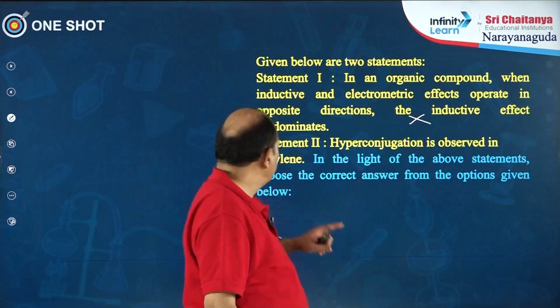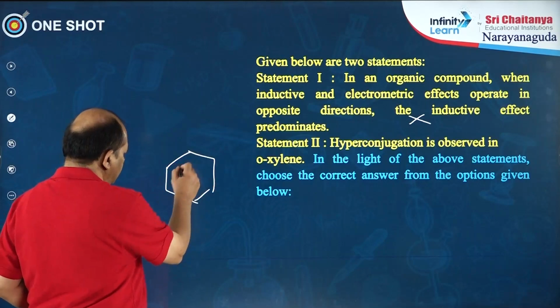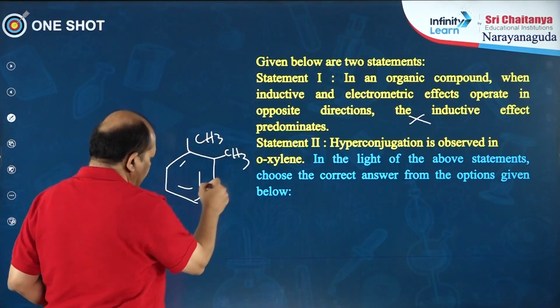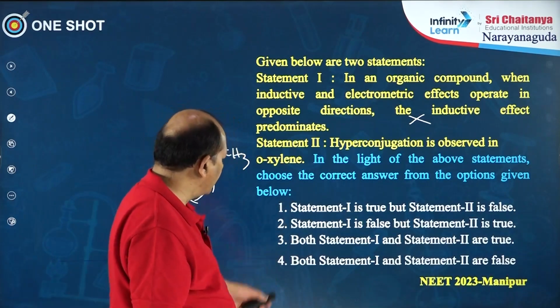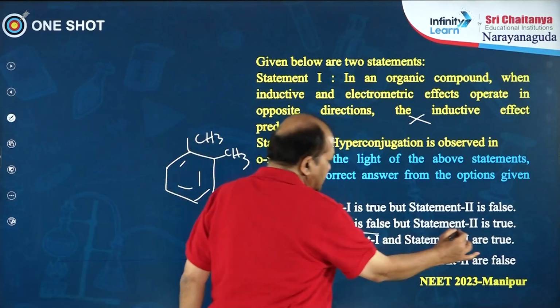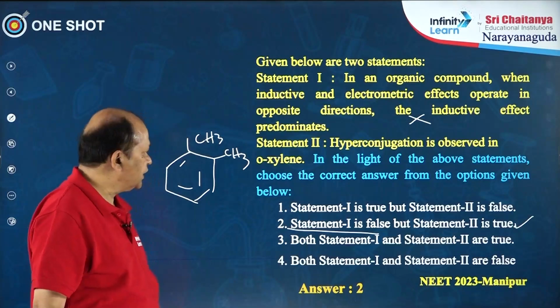Hyperconjugation is observed in xylene. Yes, xylene is nothing but CH3 groups on benzene; this is ortho-xylene, or you can write meta-xylene and para-xylene. So, here they gave 4 options. Statement 1 is false, statement 2 is correct, so the second is the correct option.